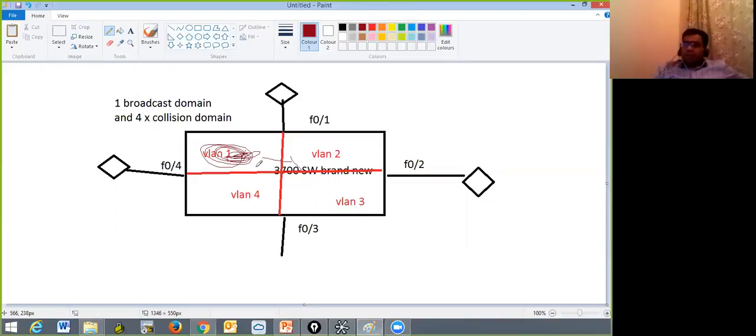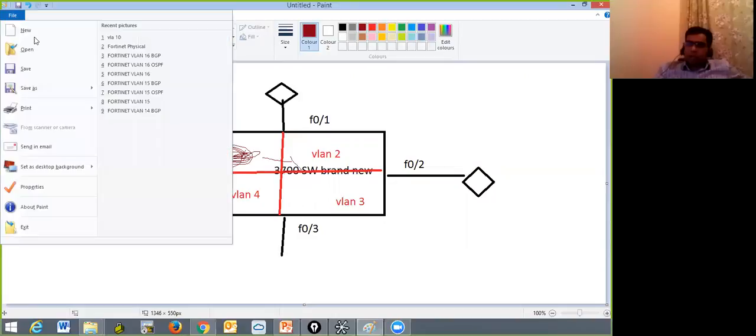So that's how the switch normally behaves, and this is what we learn at the CCNA level: when we have one broadcast domain, we can divide it into multiple broadcast domains. Similar concept, if we put this concept into the firewall, what is the firewall doing on the other side?